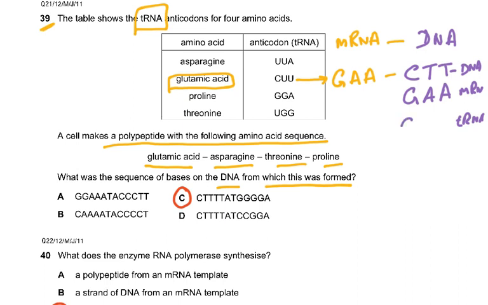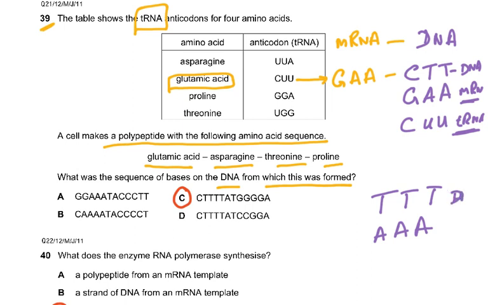So the tRNA will be CUU, but you have to remember in the RNAs you've got to have U's, and in the DNA you've got to have the T's. If you can't do that, you can do it another way: if the DNA is TTT, then the mRNA would be AAA.